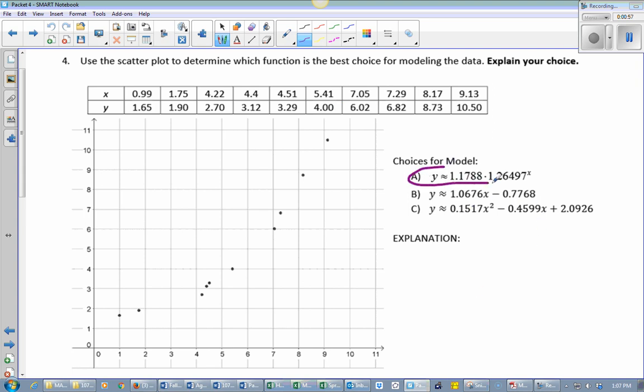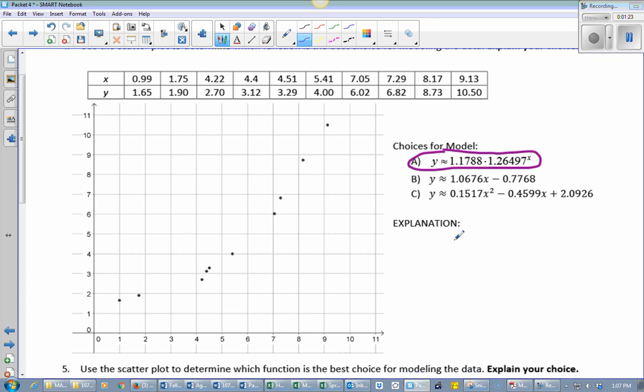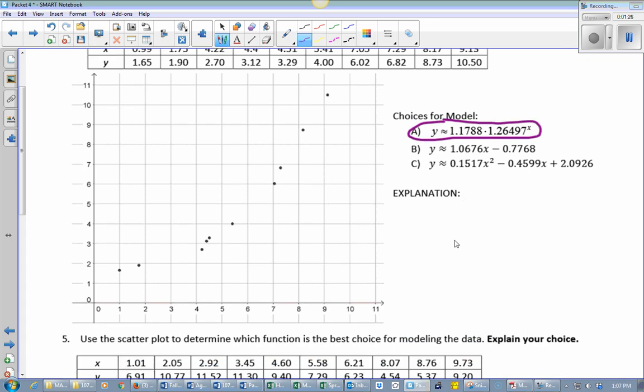So we're going to go with choice A. Quadratic might be good too, because the right half of a quadratic could look like that. But since we don't have technology to help us, we have to just make our best choice based on the scatter plot. So we'll go with choice A.